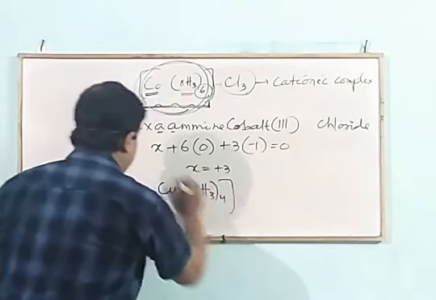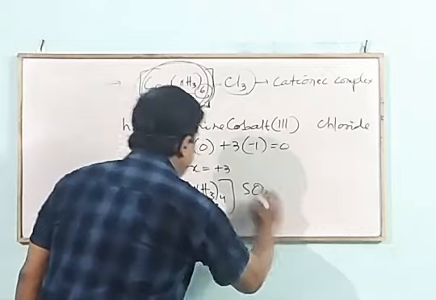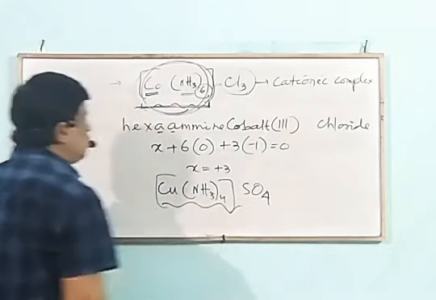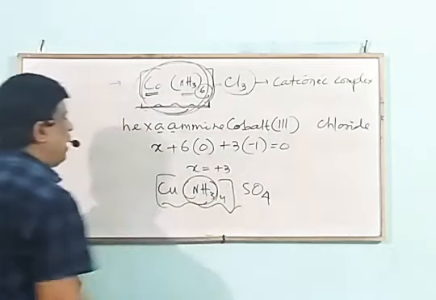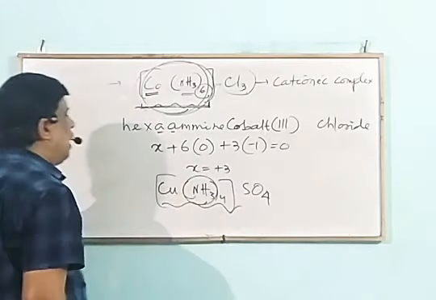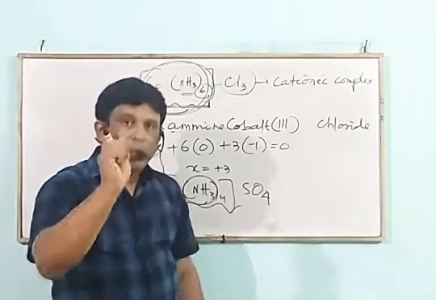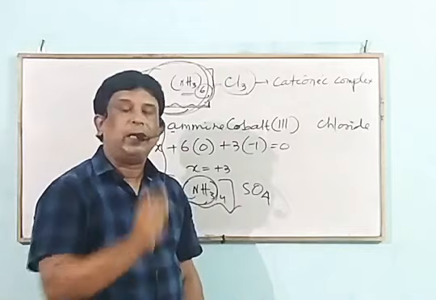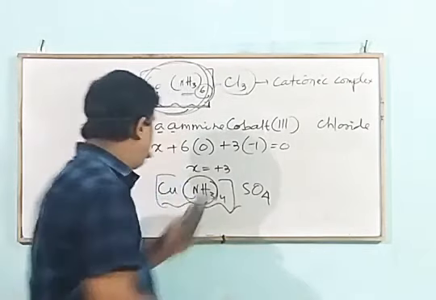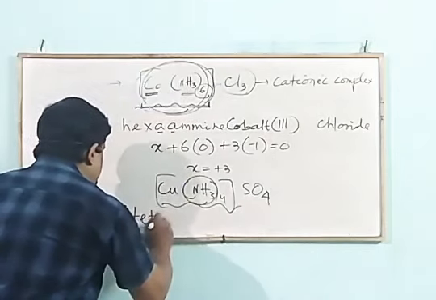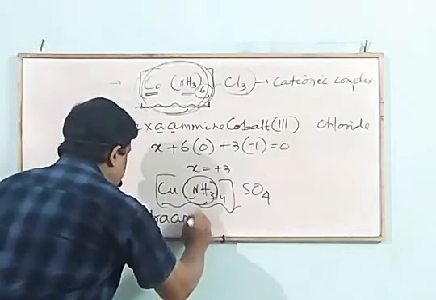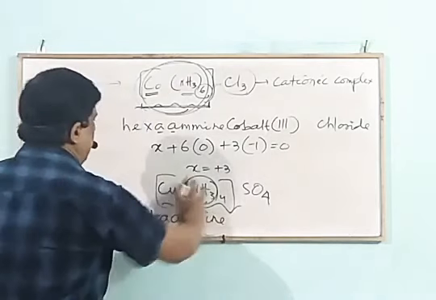[Cu(NH3)4]SO4. It is the cationic part. So first we write the name of the ligand. It is amine. Important thing, remember that while writing amine, double M is there. And 4, so tetraamine. Tetraamine, ligand part over.